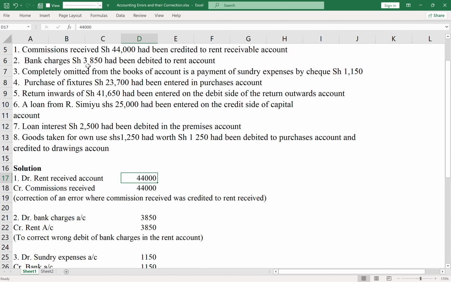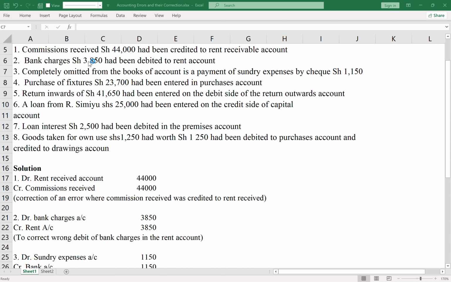Number 2, we are told bank charges of 3,850 had been debited to the rent account. So what we are going to do here is debit the expense.